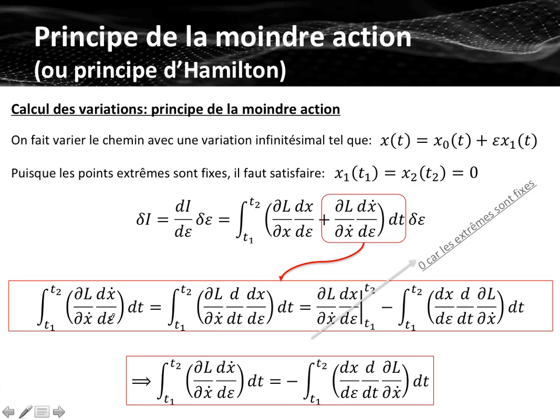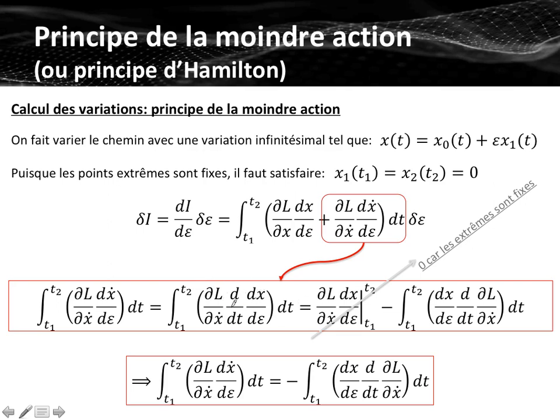You see d over d epsilon, and then x point is d over dt of x. It's a bit tricky, but you have to solve it to look at it. And this is equal to, by integration, if you integrate that, look at it.